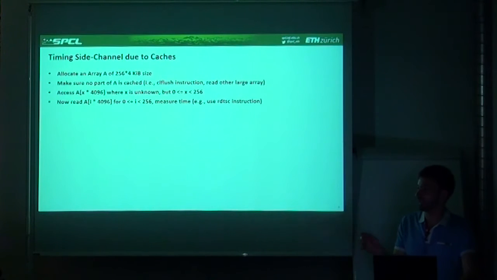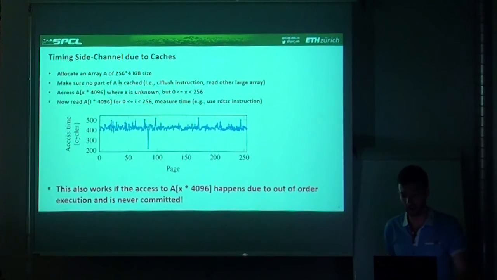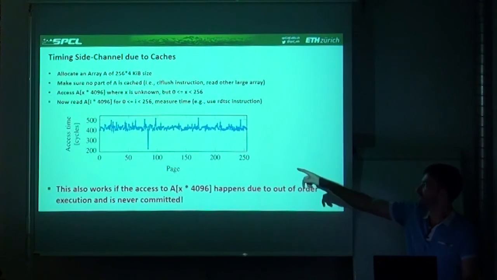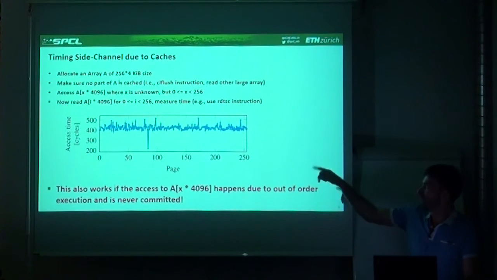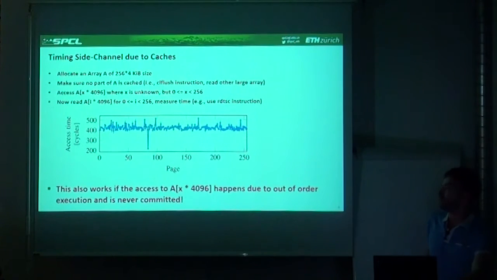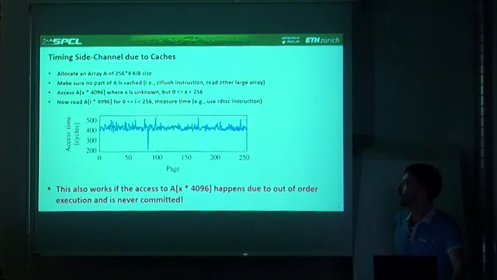This will not be in the cache, except for this one time where we actually loaded it by our previous read. And we can compare the timings for this, and we will see that there is a factor of 100 at least difference between a cache hit and a cache miss. So this is this kind of side channel, right? This is how we can communicate 1 byte.